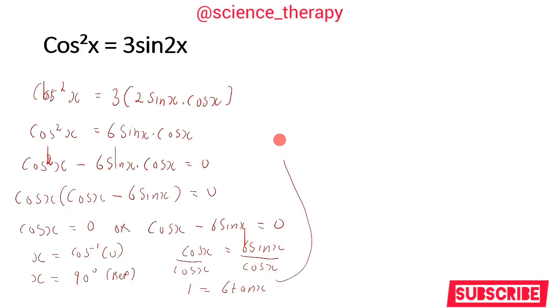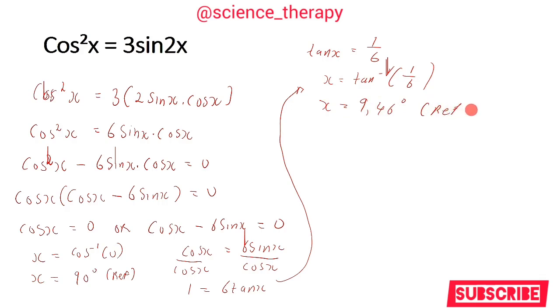Now continuing with this one, tan x would now be 1 over 6. Now let's calculate the reference angle for that. We have arctan of 1 over 6, and then x is equal to 9.46 degrees, and that becomes our reference angle for tan.